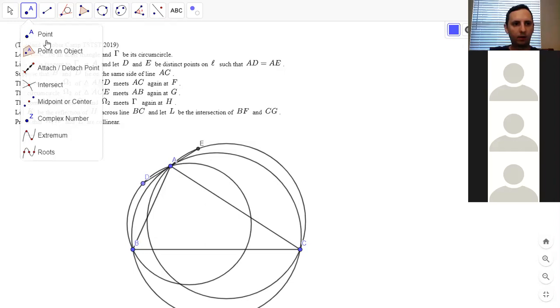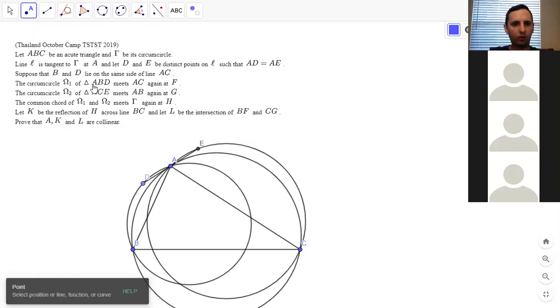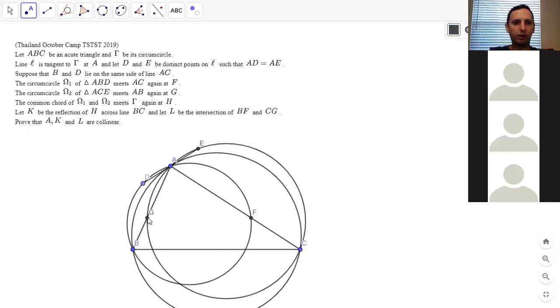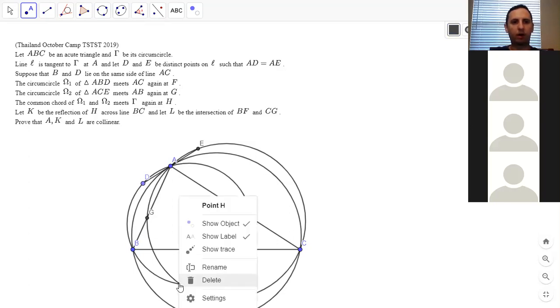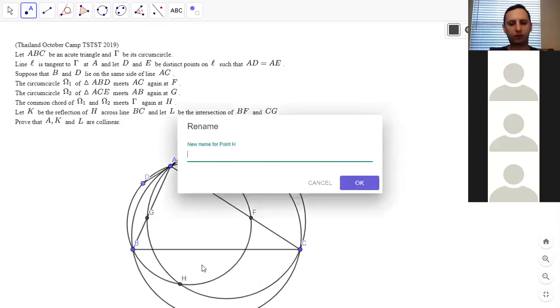So this circle meets AC at F, and the other one meets AB at G. And then we draw the common chord of those two circles. I don't want to call it H, so I'll call it N.